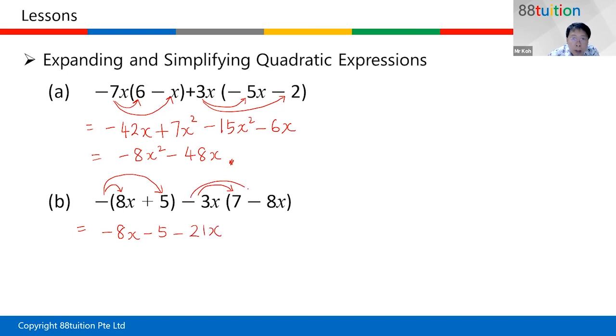And then minus times minus gives you a plus, 3 times 8, 24x squared. Okay, I'm going to just rearrange them. As I rearrange, I will add minus 8x minus 21x. So the first one is 24x squared, minus 21 minus 8, so minus 29x. And then finally minus 5.